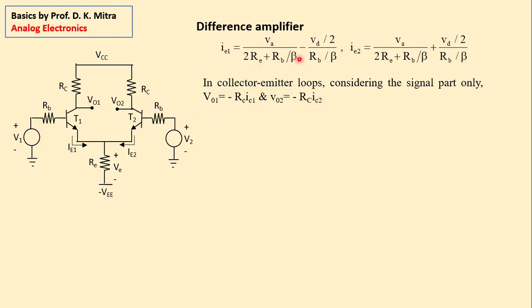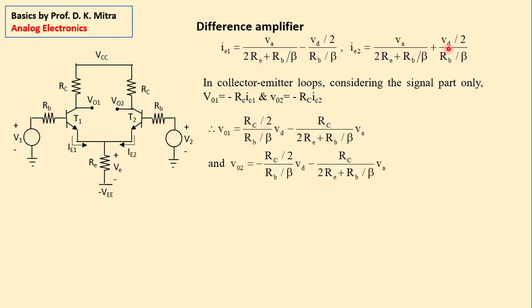Now, IE1 and IE2 we know. And if we consider that emitter current is equal to collector current for the sake of simplicity, then we know VO1 and VO2. So VO1 is equal to IC1 multiplied by RC. So this becomes this VD part. There is a negative sign here, so this will become plus and this will become minus.